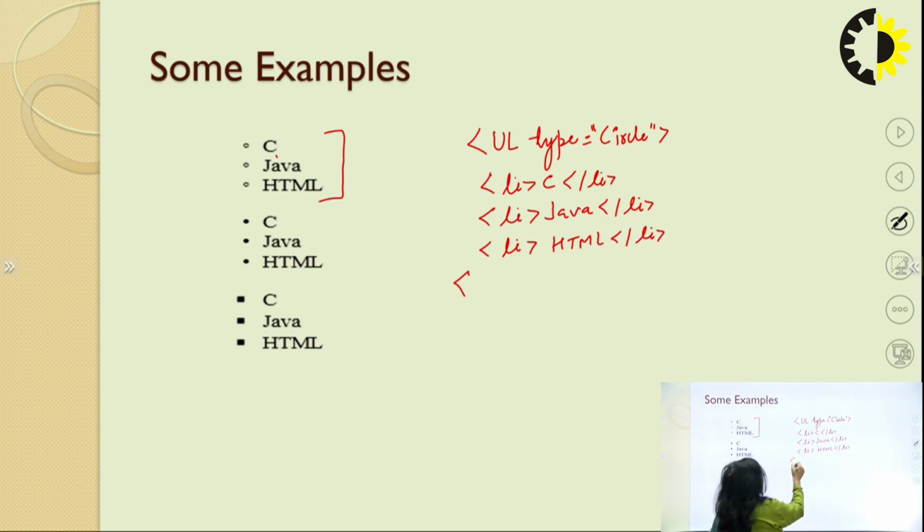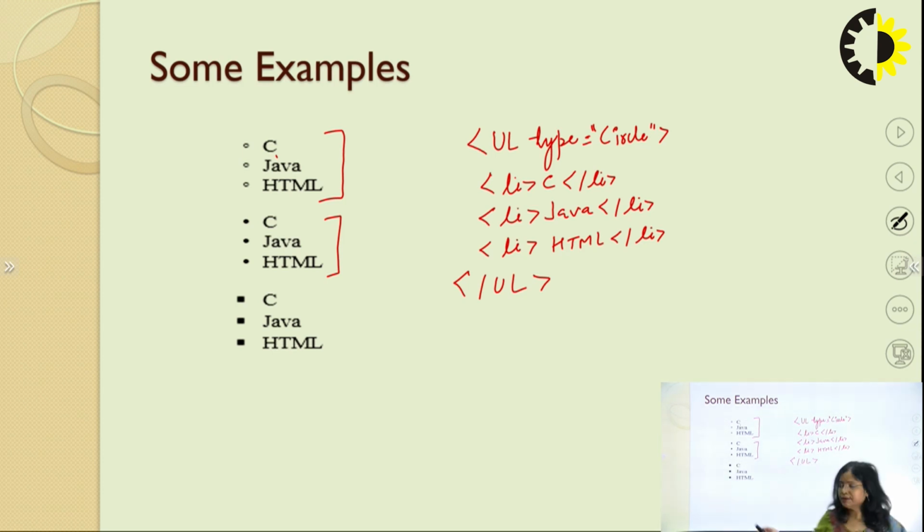Okay. At last, we will enclose the closing tag UL. So, this is the representation of circle type bullet list elements using this. And if you want to display your elements in this format, using this type of bullet, that is disk bullets.